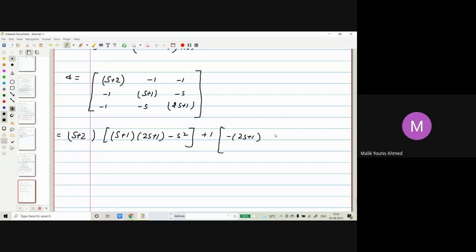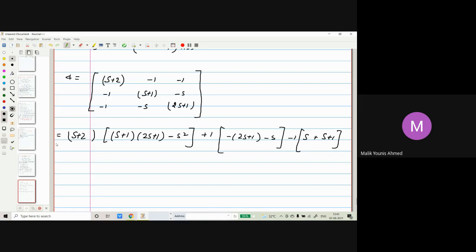Minus minus plus will be minus s. This row and this column we have left. This is minus 2s plus 1, minus minus plus will be plus, and minus will come out. Last is minus 1, leave this row and leave this column. That will be plus s, minus minus will be plus s plus 1.